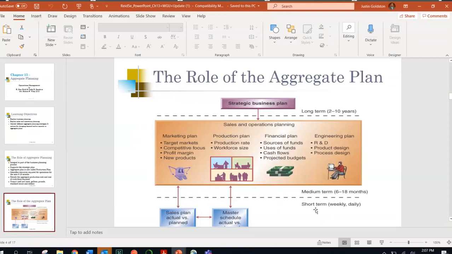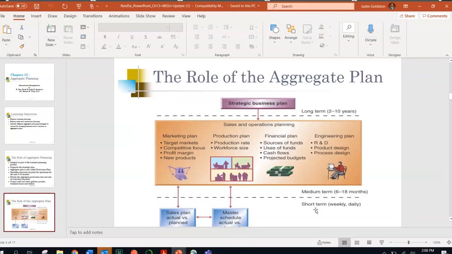Okay, so those metrics that you see within your organization are a part of that short-term plan. When we get into the medium-term 16 to 18-month plans, that's where the aggregate plan falls in. And as an aggregate plan, you also have sales and operations planning.